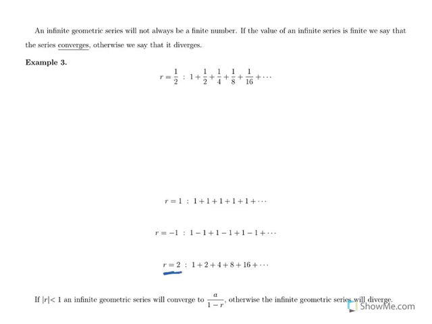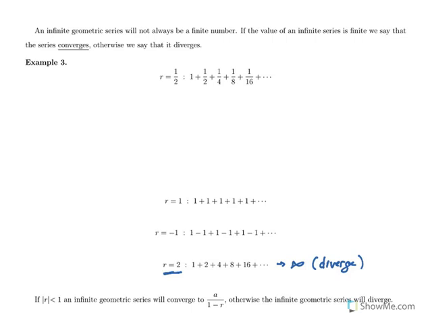So if r is equal to 2, that means we are multiplying by 2 each time. We get 1 plus 2 plus 4 plus 8 plus 16 plus 32 plus 64 plus 128, on and on and on. This is just going to go to infinity, and this is going to diverge. The numbers are getting bigger and bigger, and we're adding them up.